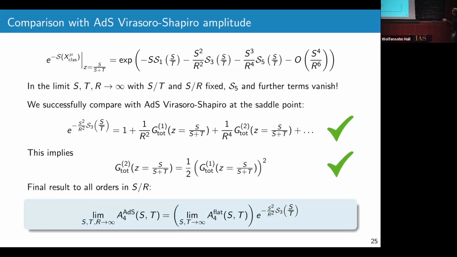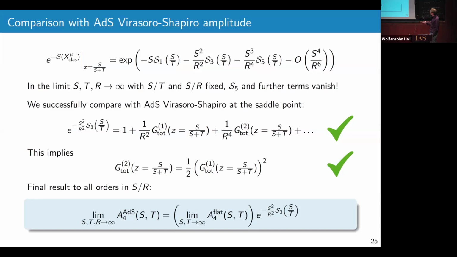This doesn't touch the functions because they depend on the ratio, but we see that the first term is the flat space exponent, which dominates. The second term stays constant, and all other terms vanish in this limit. So the high energy limit of this AdS amplitude depends only on this weight 3 correction.